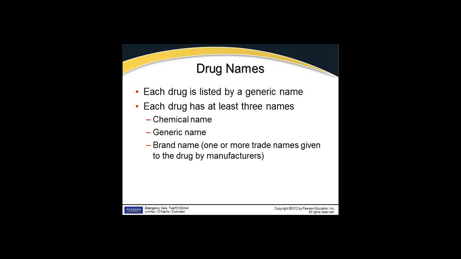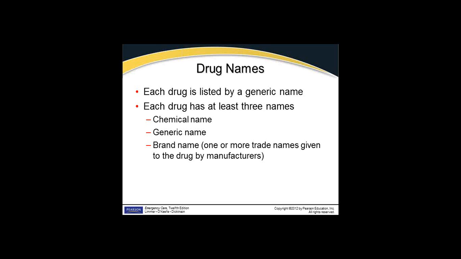If you'll take a look in your textbook on 431, that little paragraph down at the bottom of the page, about halfway through it, talks about the names for epinephrine. So we talked about epinephrine. Epinephrine is the generic name, or what every company has to call it by. The company that makes the EpiPen calls it EpiPen. Another company might call it adrenaline.